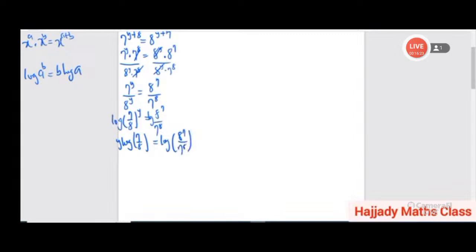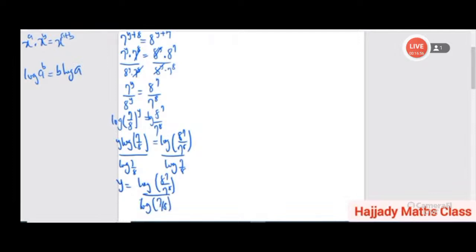Now, I can make y the subject of the formula. Dividing both sides by log 7 over 8, on the left-hand side I'm going to have y equals log 8 raised to power 7 over 7 raised to power 8, divided by log 7 over 8.